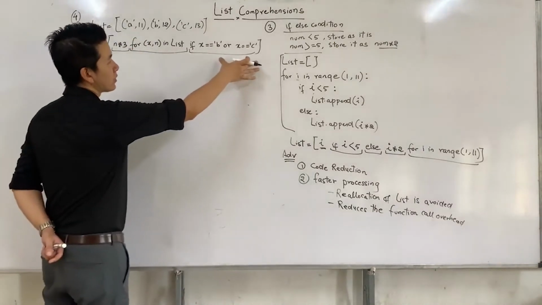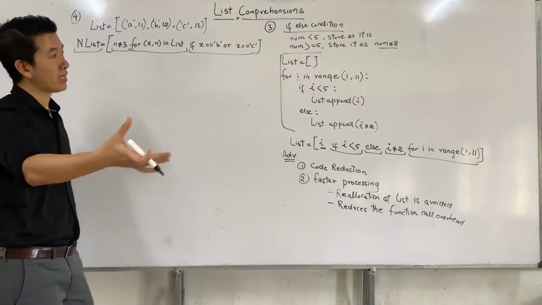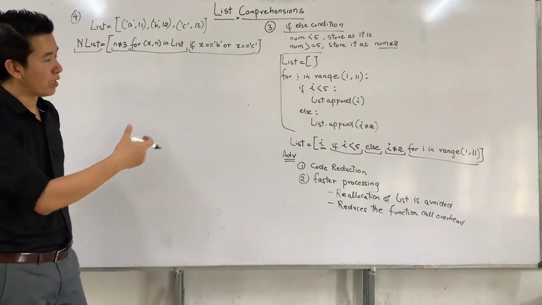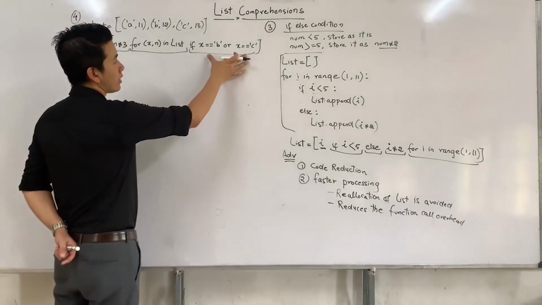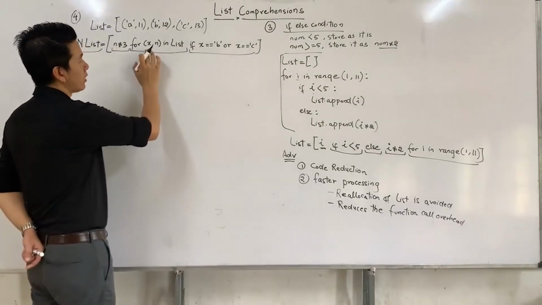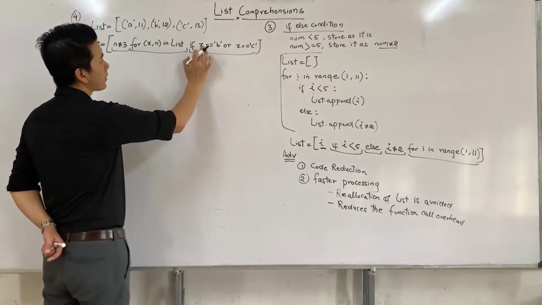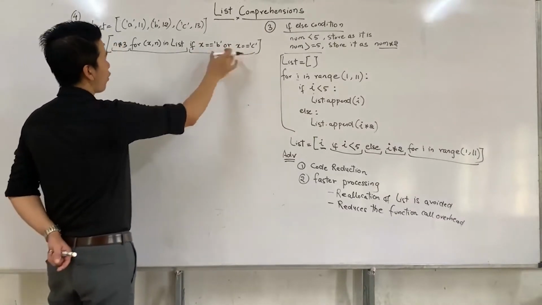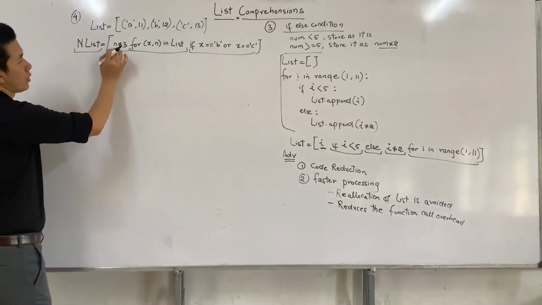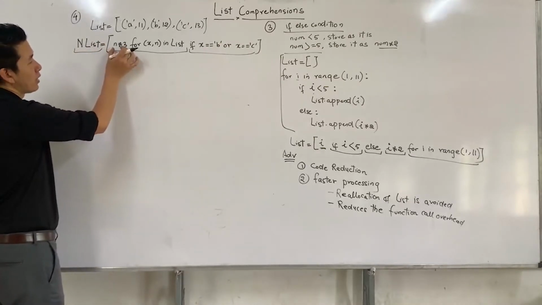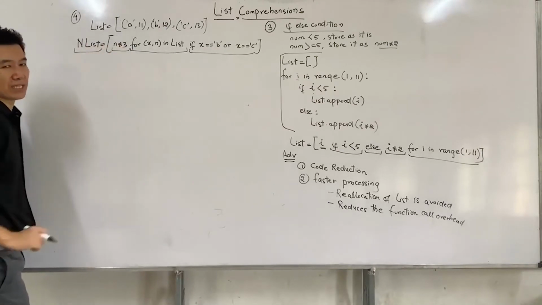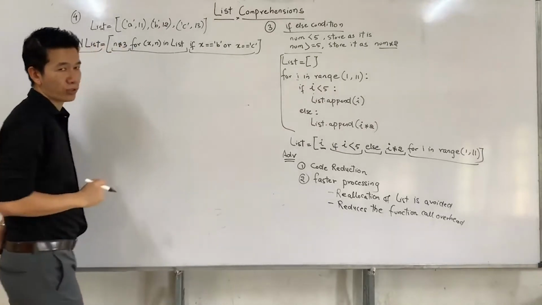And then, just like how I explained a little moment back, the if statement will be executed. The value of x being a, is it equal to b or is it equal to c? The condition becomes false. Hence, this particular expression will not be assigned to n list since the condition is false.